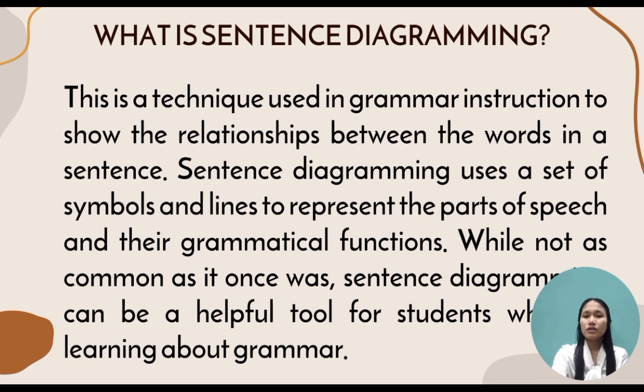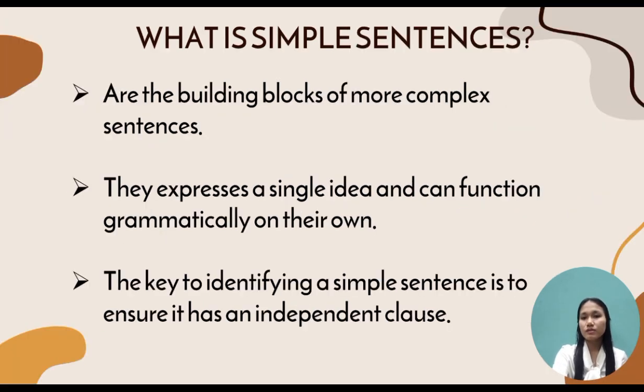grammar. So first, what is a simple sentence? Simple sentences are the building blocks of more complex sentences. They express a single idea and can function grammatically on their own. The key to identifying a simple sentence is to ensure it has an independent clause.